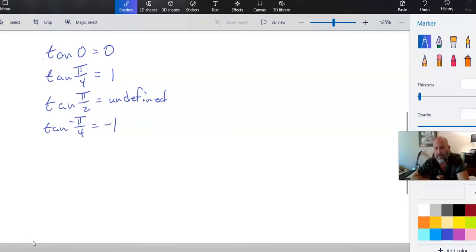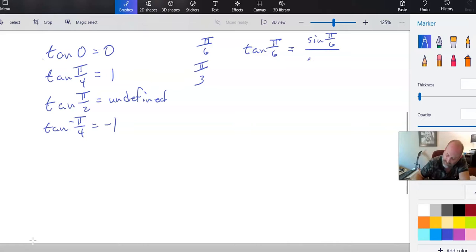Now, whenever we're talking about inverses and the intuitive feel for them, there is usually the angles pi over 6 and pi over 3 are also included. So let's talk about the tangent of those angles, right? If I have tangent of pi over 6, that's sine of pi over 6 divided by the cosine of pi over 6, right?